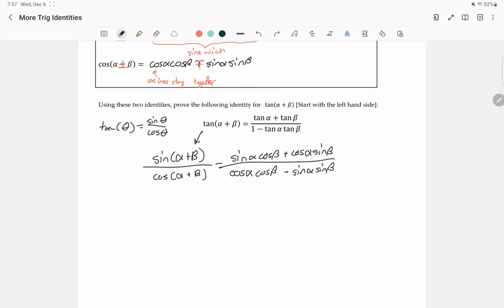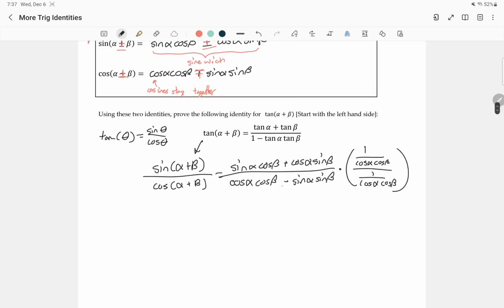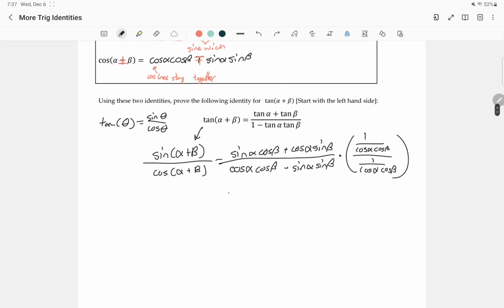And from here, we're going to multiply the top and the bottom by 1 over cosine alpha cosine beta, which is how we're going to get our 1. And if we expand this out, we're going to get sine alpha cosine beta over cosine alpha cosine beta. Notice how these will cancel.